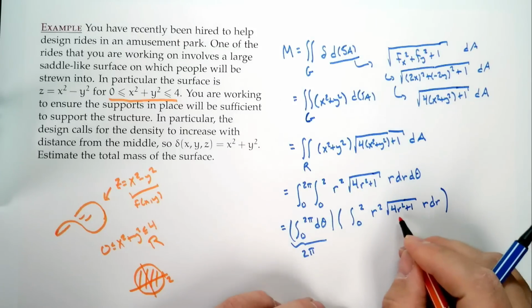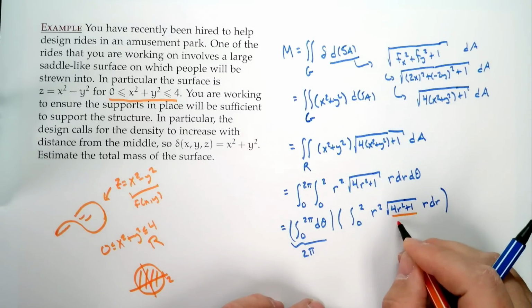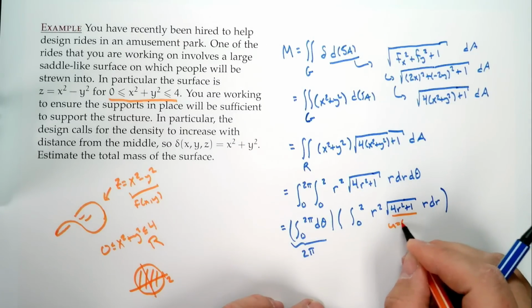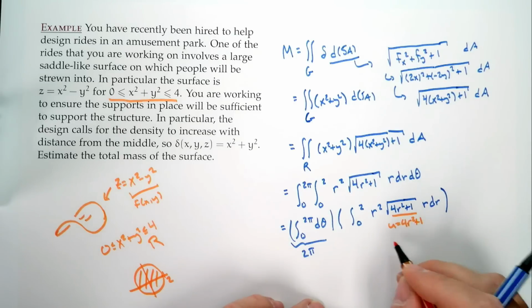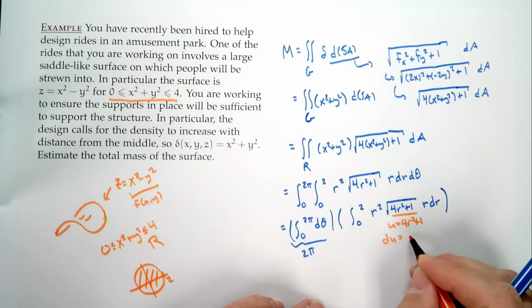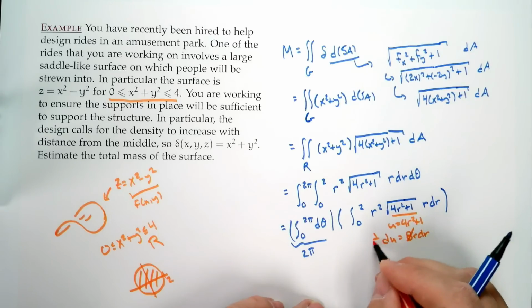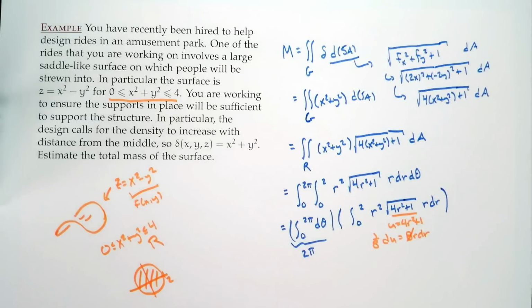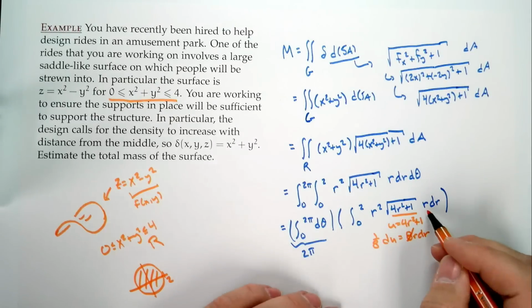Well, we're set up to do a good substitution. So if you set u equal to 4r squared plus 1, then we get that du is 8r dr, or 1/8 du is r dr. So that will handle the r dr.